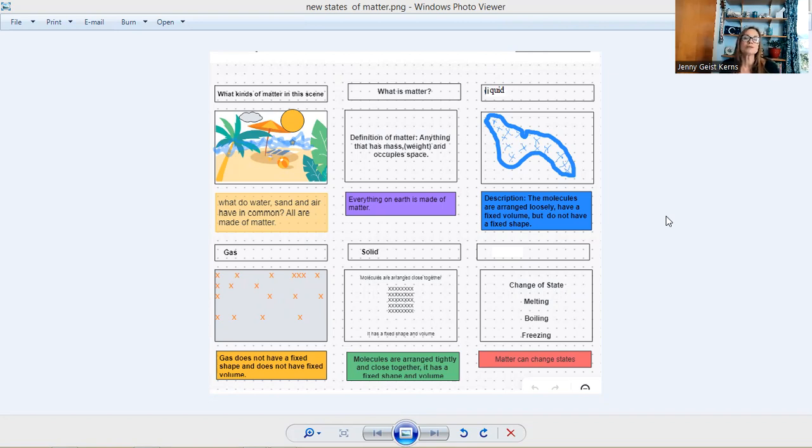And there's trees and some clouds. All these things in our world are made of different types of matter. The water is a liquid. The sand and the trees are solids. And if you look up in the sky, you see the sun and the clouds, they're gases. Those are the three states of matter.